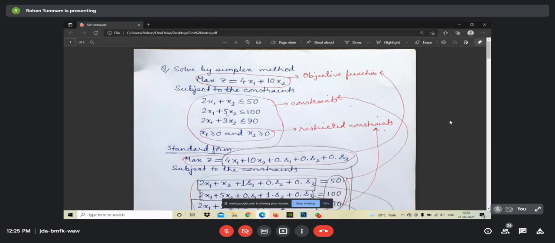Only two variables, x1 and x2, and three equations are given to us, and we have to solve with the simplex method.